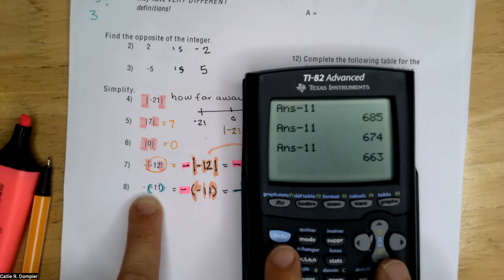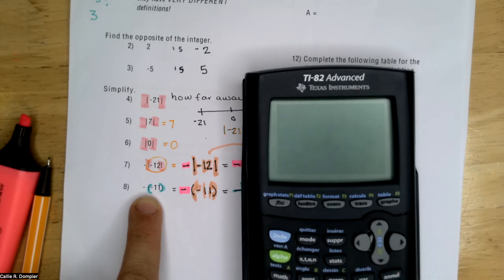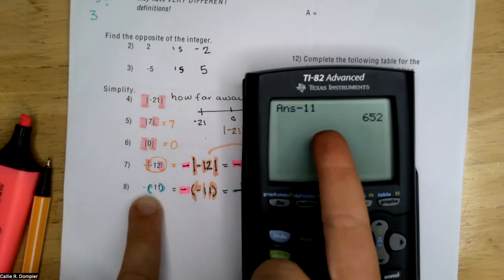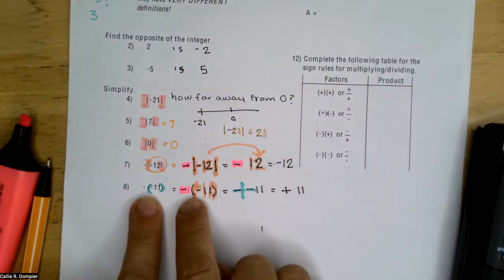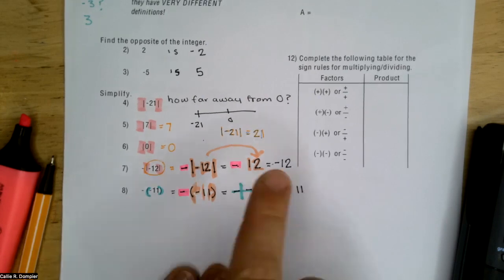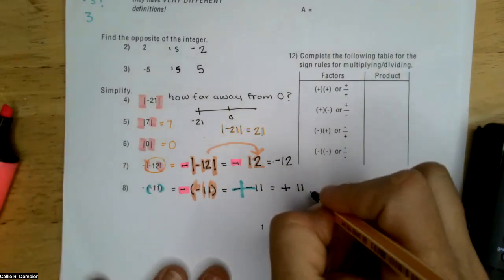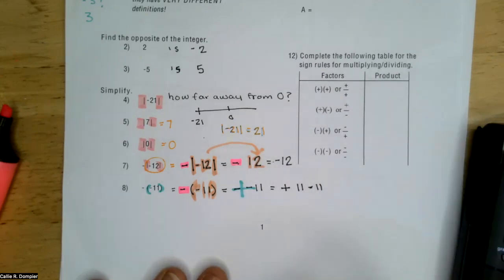Mine always pulls up the other answer, but that's not actually what negative 11 is. So you want to use the negative sign. Negative 11 is 11, or negative, and then you can use the parentheses. Just to be more precise, it'll give you positive. So two negatives side by side, one after the other, makes it a positive. So the negative 11 just becomes 11, okay?